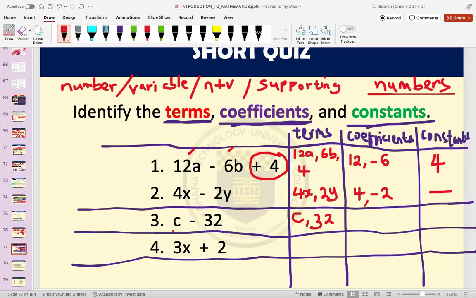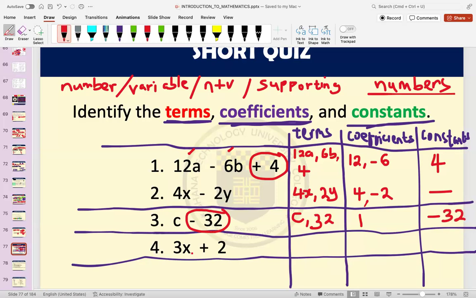We don't normally write the 1, but there's 1 before any letter. So it means that the coefficient of c is 1. And then we go to constant. Here, a constant should be a number in isolation. When we isolate this number, we have the constant to be negative 32. So you record your negative 32.